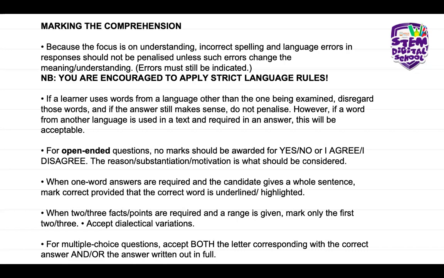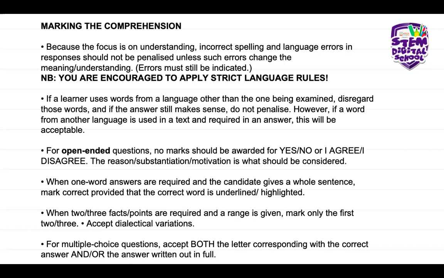Remember, open-ended questions are questions that do not have a yes answer or a no answer, or rather do not have a straight answer that is strictly yes or strictly no. They are what we call intelligent answers. Therefore, they need a proper or correct kind of substantiation.